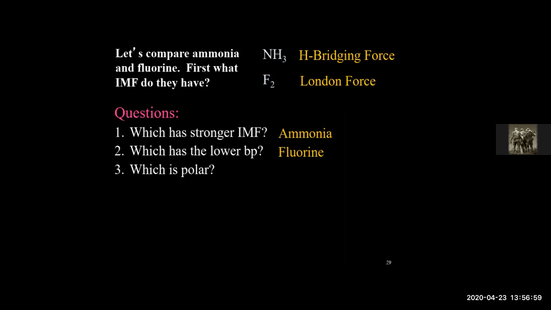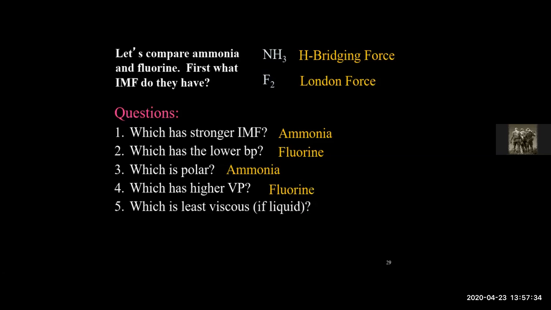Which one is polar? Well, we know fluorine is diatomic, non-polar. Going through the Lewis dot structures, ammonia is very, very polar. So ammonia is the polar one. Which has a higher vapor pressure? To have the higher vapor pressure, you have to have the weaker IMF. And in this case, fluorine, having London forces, the weaker one, would have the higher vapor pressure.